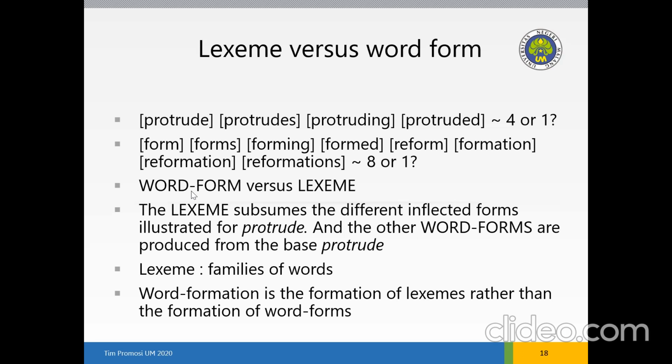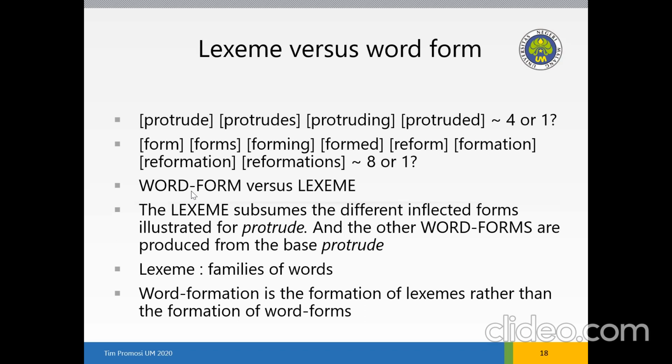The first one we have protrude, protrudes, protruding, and protruded. So how many lexemes do we have here and how many words? We have four words and one lexeme, because each of these forms belongs to the same lexeme.